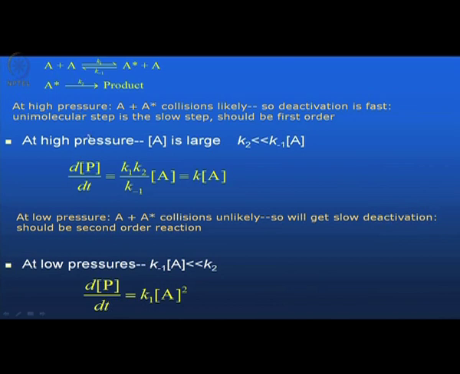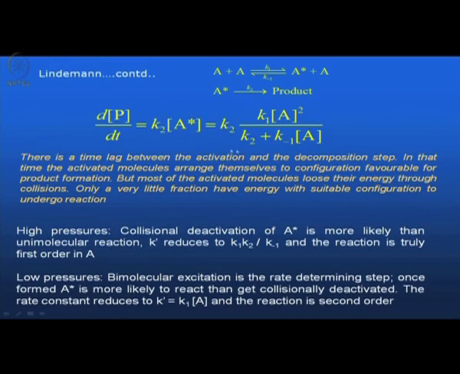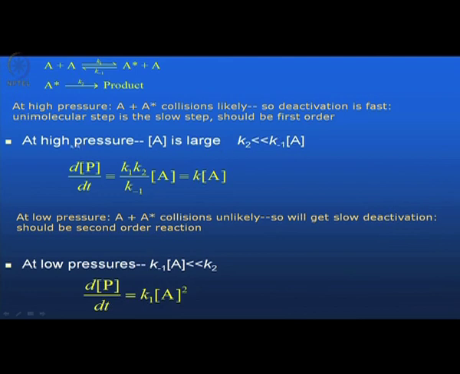A peculiar feature of such a kinetic scheme is that if you modulate these two terms, I mean if you can make this term predominate over this K2, or make this term predominate more than this term, then the overall rate equation becomes different. Under high pressure condition it is to the power 1 in A, and under low pressure condition it is square.